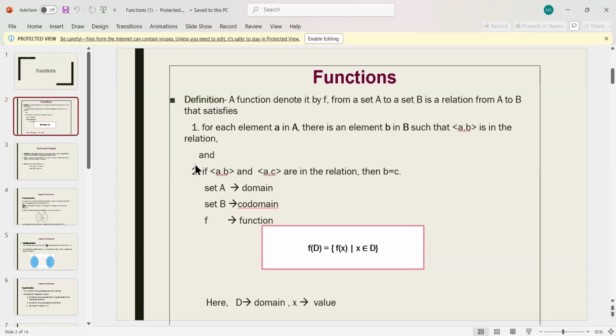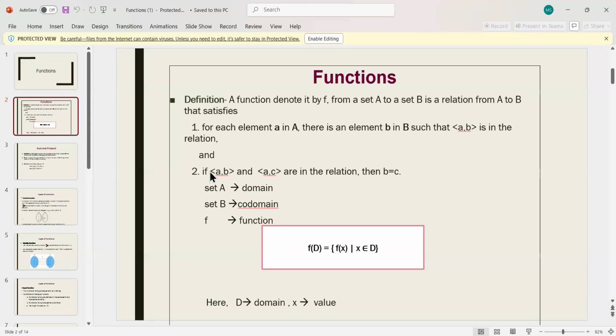Now a function, denote it by f, from a set A to a set B is a relation from A to B. For each element, say a in capital A, there is an element b in capital B such that (a, b) is in the relation.